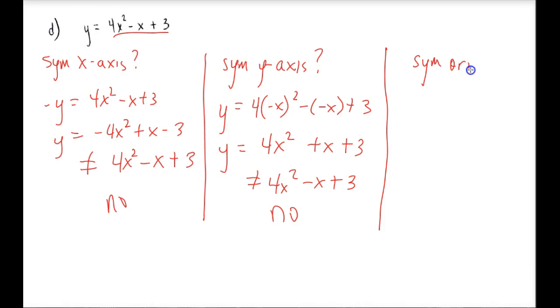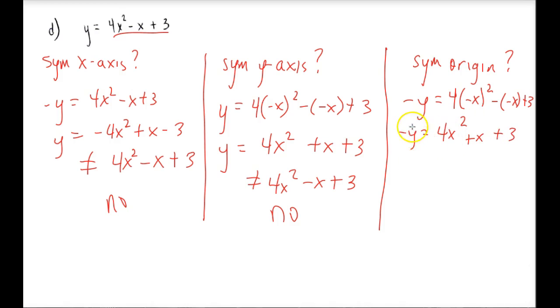So the last thing is symmetry about the origin. So everywhere where we see y, we have negative y, and everywhere where we see x, we have negative x. So here we know negative x quantity squared is just positive x squared. Subtract a negative is the same thing as addition.